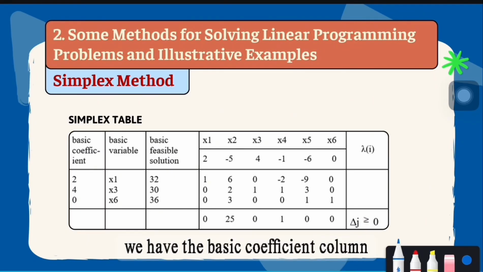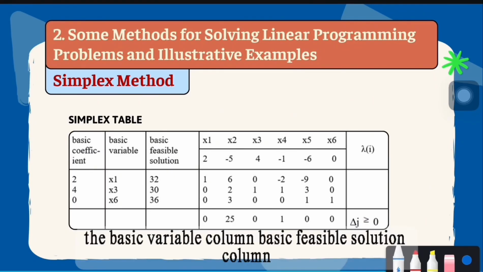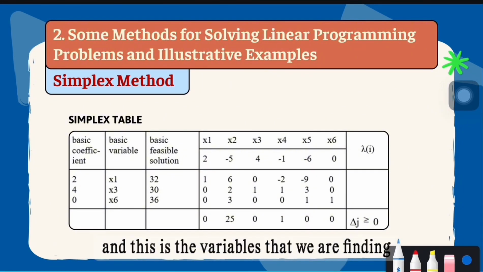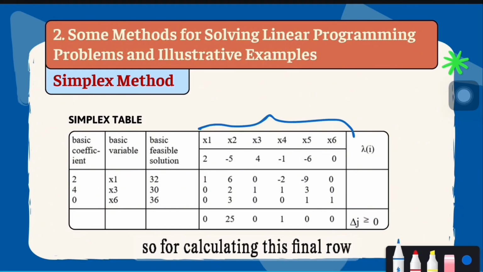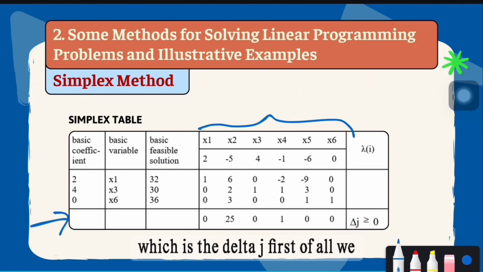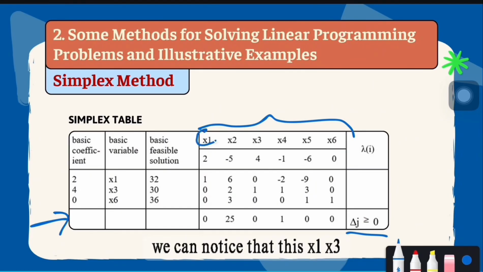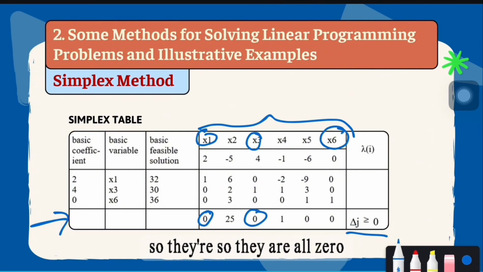We have the basic coefficient column, the basic variable column, the basic feasible solution column, and these are the variables that we are finding. Okay, so for calculating this final row, which is the delta J, first of all we can notice that x1, x3, and x6 are the basic variables, so they are all 0.